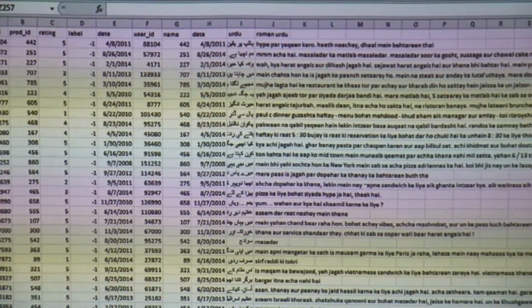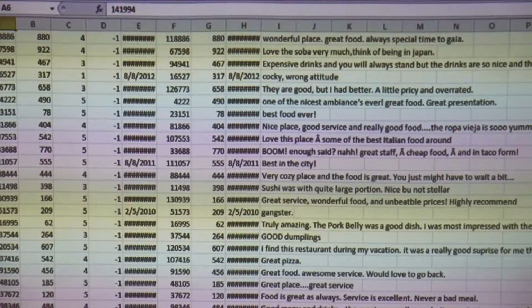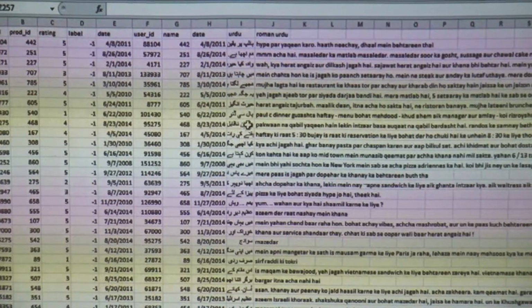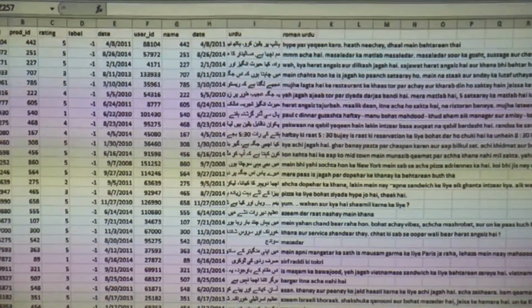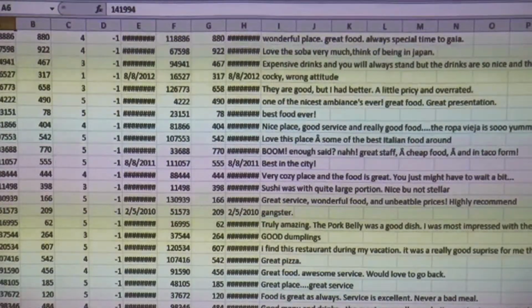The Roman Urdu is only the phonetic translation. Yes. We can see all the content. And the other is the English, which was translated manually one by one.